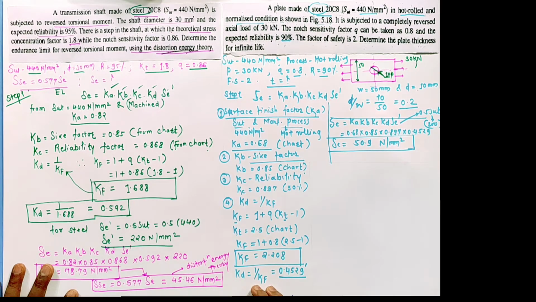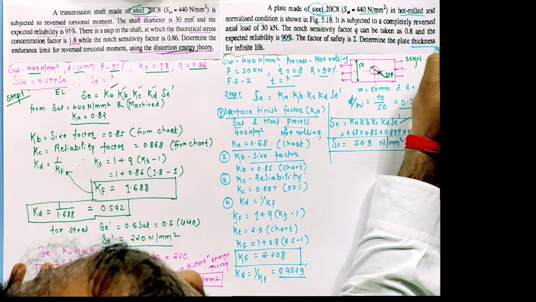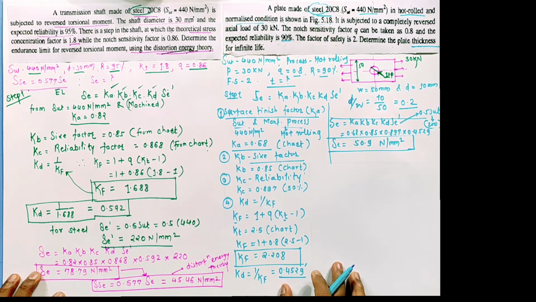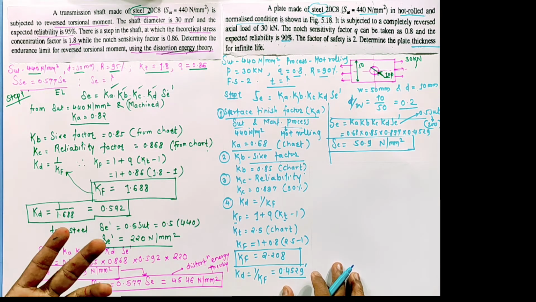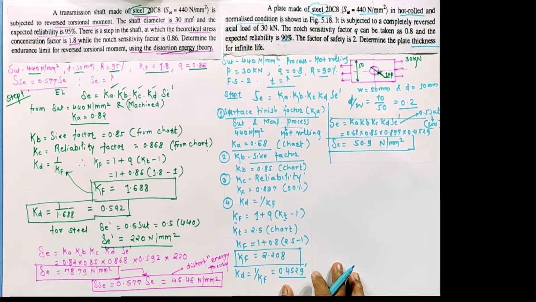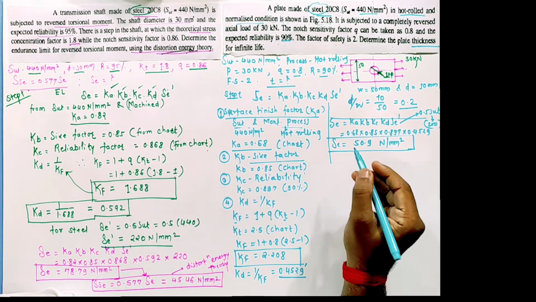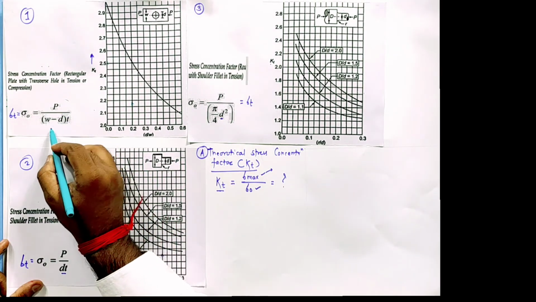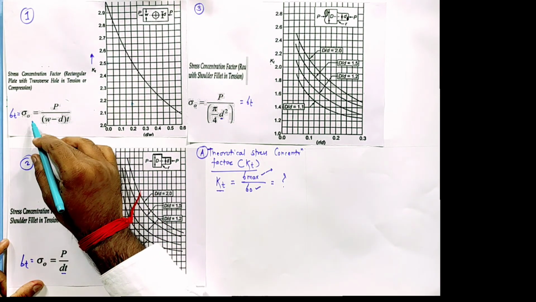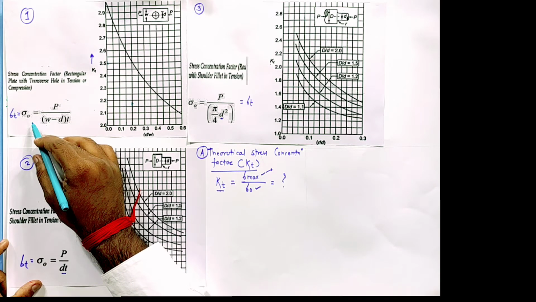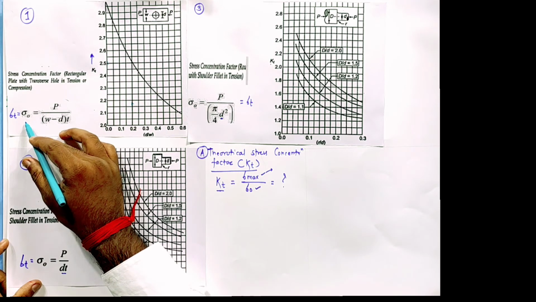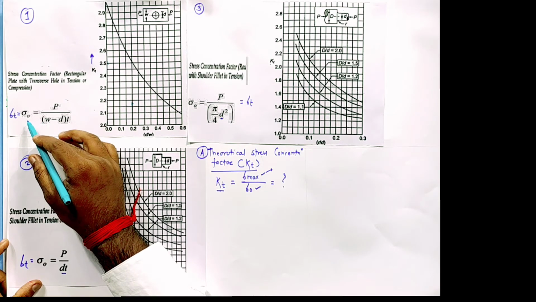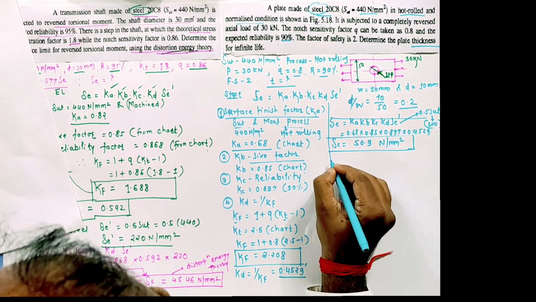Now here the problem is not over, because they are interested in thickness. We have not calculated thickness, but we know the initial part. See, the nominal stress equation: sigma o is equal to P by (W minus d) into t. So here I'll get the nominal stress sigma o very easily. As we know, it is a tensile stress. So I'll write the nominal stress for the structure.